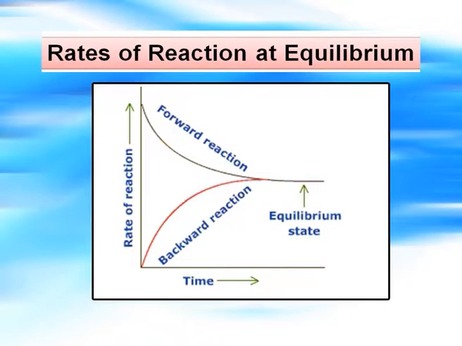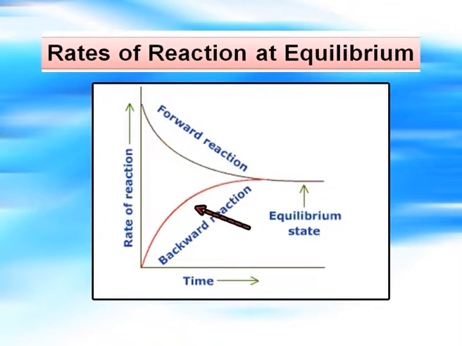This is simply because at the beginning of the reaction, the concentration of the reactants is high while that of the products is low. But with the passage of time, the concentration of the products builds up and the rate of reverse reaction goes high and the forward reaction goes down. At equilibrium, the two rates become equal.